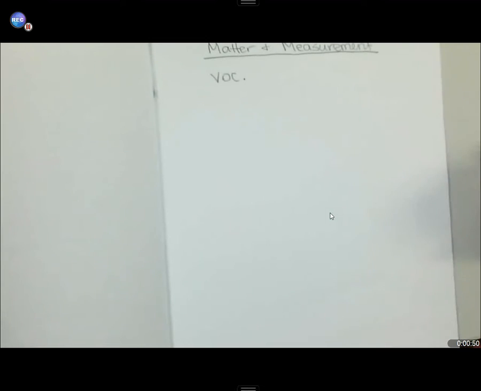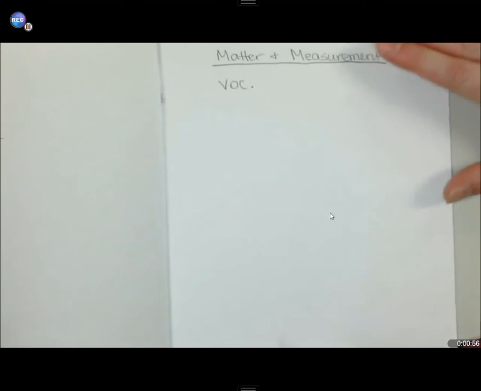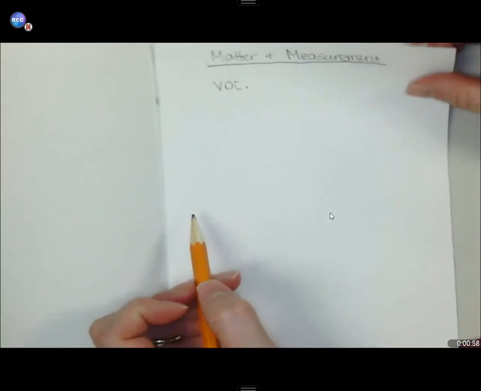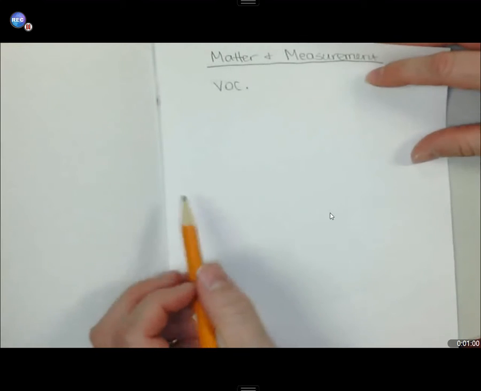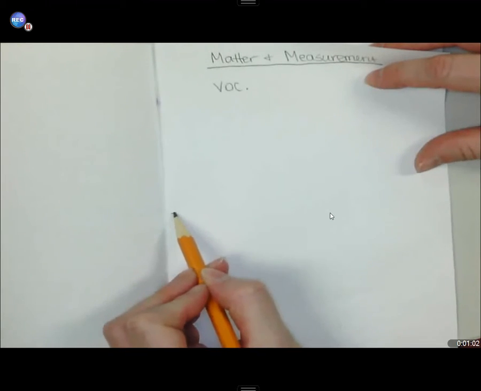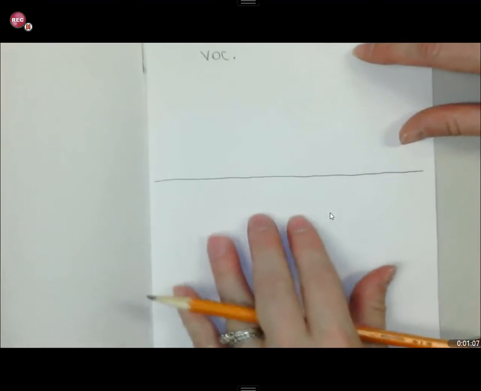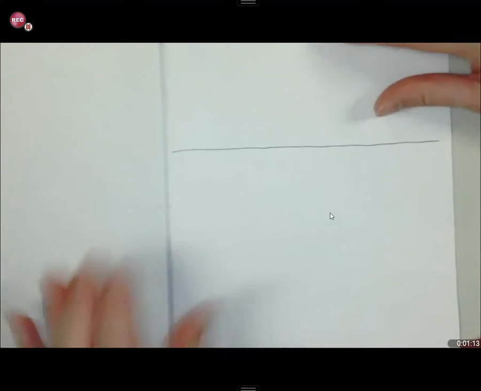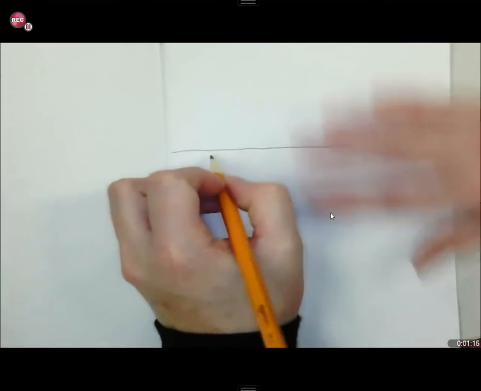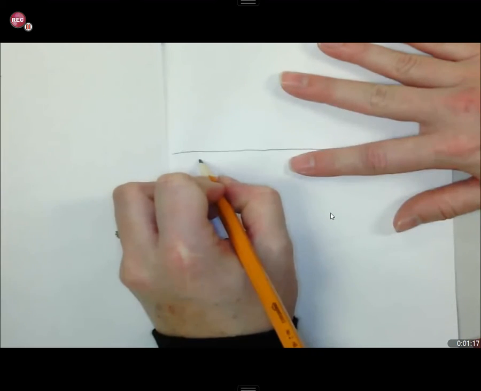Now, beyond that, we have a couple of things that I do want to go over with you to help you out and to put in your book. So your vocabulary may have gone on the whole page. It may not have. Since I didn't actually do vocabulary, I'm going to draw this little line and start right here. But of course, if you need to, you can go to the next page. Okay? So some things that we need to talk about. Let's do measurement first.